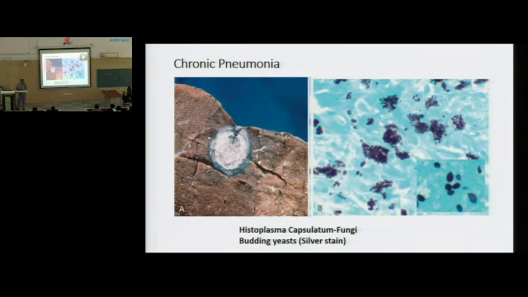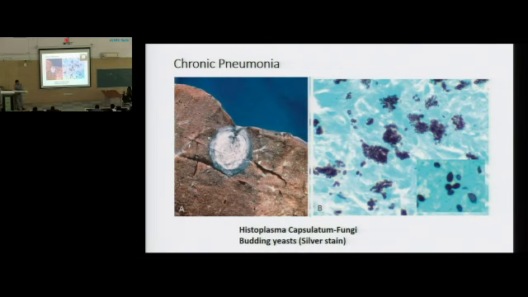There are a few images given in Robbins' textbook. These are fungal infections which can cause chronic pneumonia. What you are seeing here is chronic pneumonia caused by Histoplasma capsulatum, a type of fungus.